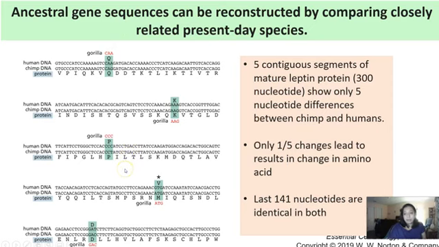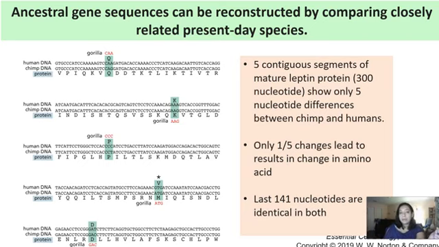So there are very, very few differences in the sequence. The last 145 nucleotides that are after this are identical in both. So there's no difference, zero difference between chimps and human for that particular sequence.